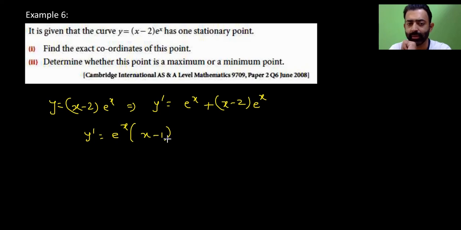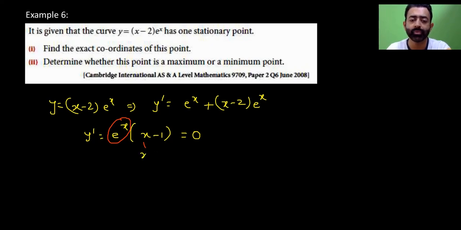If we put this equal to 0 to find the stationary point, you can see that e raised to power x cannot be 0. It will be 0 only at x equal to minus infinity, as the graph of the exponential curve shows. So we have only x equal to plus 1, which is your stationary point.